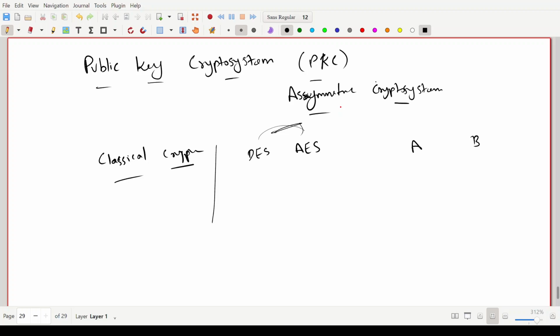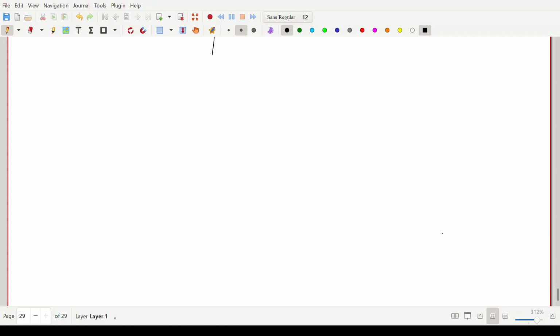So let us start with the PKC. The concept of PKC was introduced by Diffie-Hellman in 1976 in their seminal paper New Directions in Cryptography.